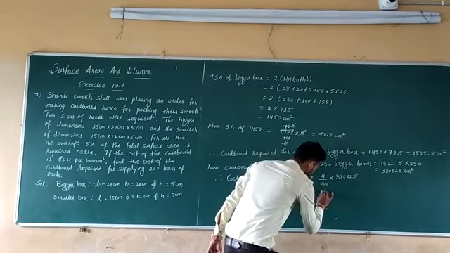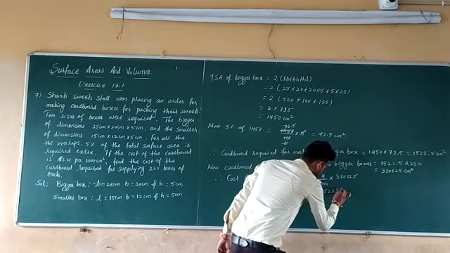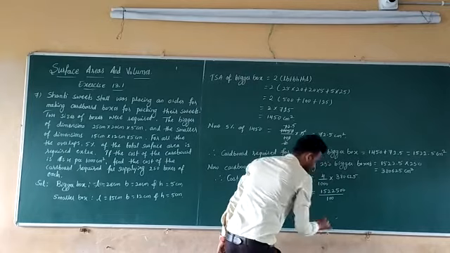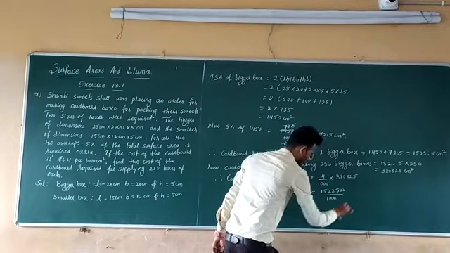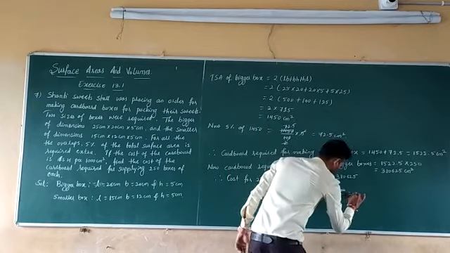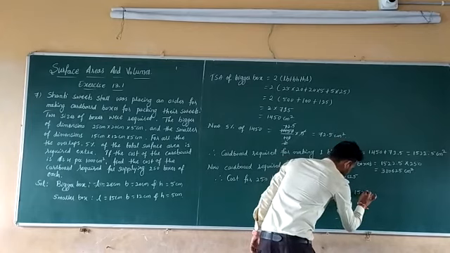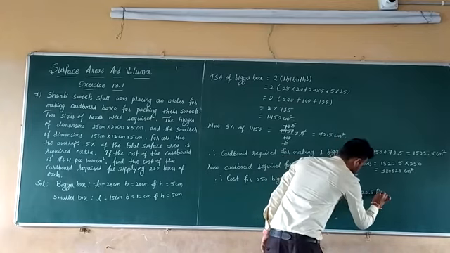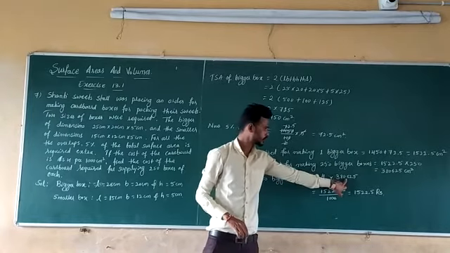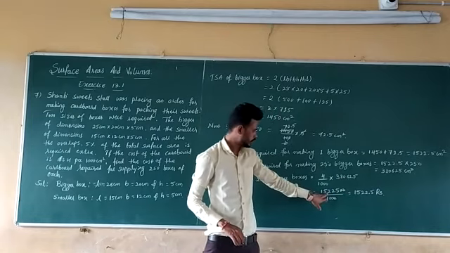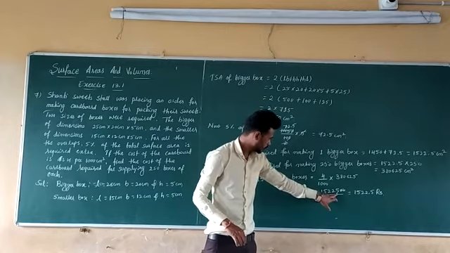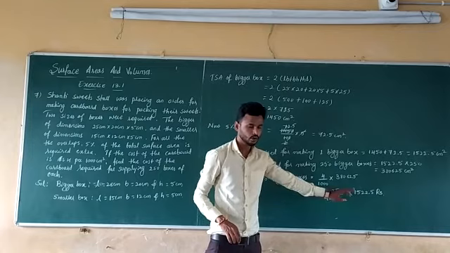Just multiply 4 into 3,80,625. You will get 15,22,500.